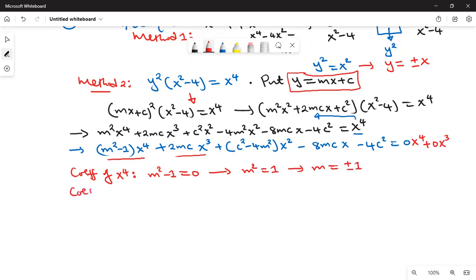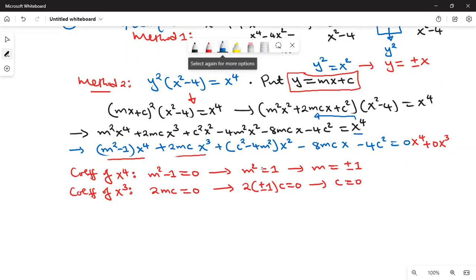Let's also look at the coefficients of x raised to 3. We have 2mc is equal to 0. But I know m to be plus or minus 1. So 2 times plus or minus 1 times c is equal to 0. Make c the subject, you get c is equal to 0. So therefore, we said y is equal to mx plus c.